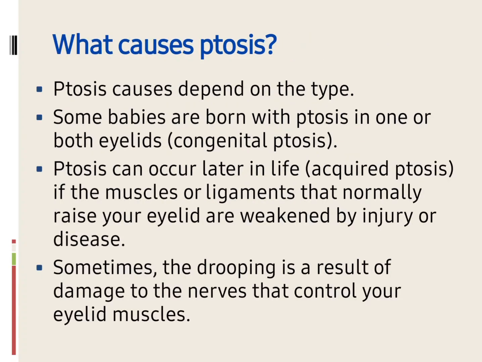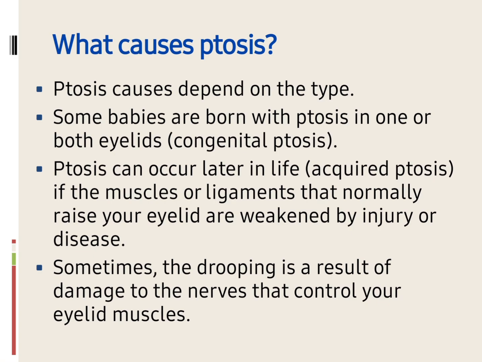So there are various causes of this ptosis. As I've said, ptosis causes depend on the type. Like in babies born with ptosis, what we refer to as congenital ptosis, and those that develop ptosis later on in life is what we refer to as acquired ptosis. So in this case, where we are saying that the muscle gets weakened, this can be due to injury or disease.